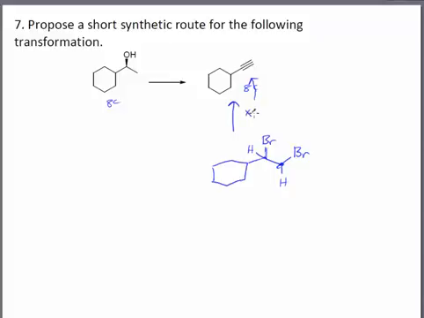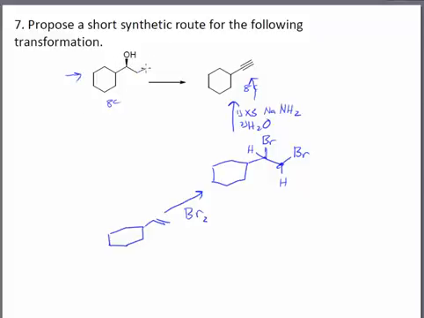So how do we do that? Excess NaNH2, followed up with water workup, 2 steps here. How do I get to this dibromide? Well, of course, that's simply Br2 addition to the appropriate alkene. Now, how do I get that alkene from the starting material?